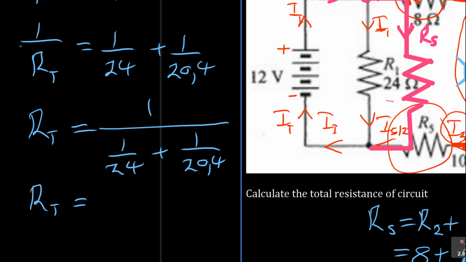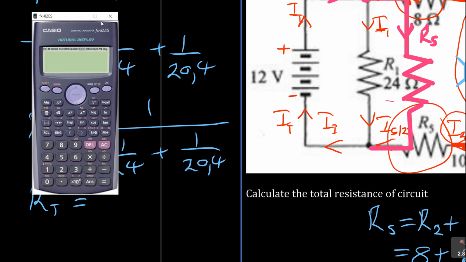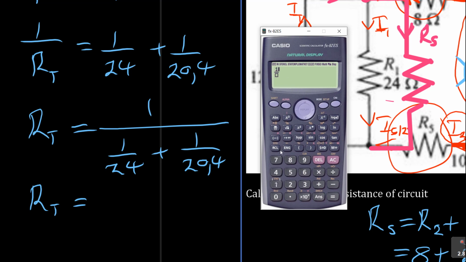Now let's find the total resistance of that circuit. If they bring it something like this, you know how to deal with it. Now just remember, I'm going to do these again later when I look at direct current. Alright, so it's 1 over, and then it's 1 over 24 plus 1 over 20,4.